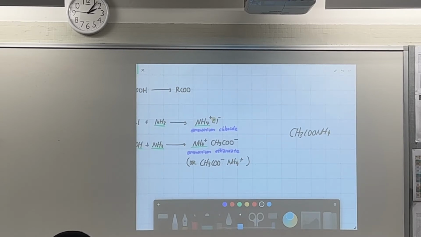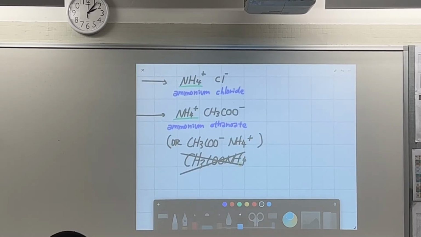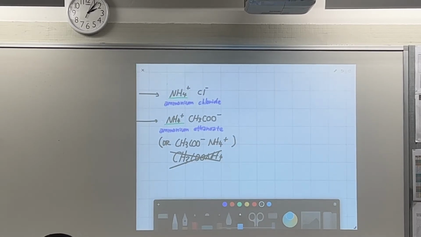How do we know it's a salt? A salt has a positive charge part and a negative charge part. That's what we mean by salt. So this is why we tend not to write it the other way. Maybe you can write it down now and cross it out for me, because it gives people an incorrect impression that this is a covalent compound when it is an ionic salt.